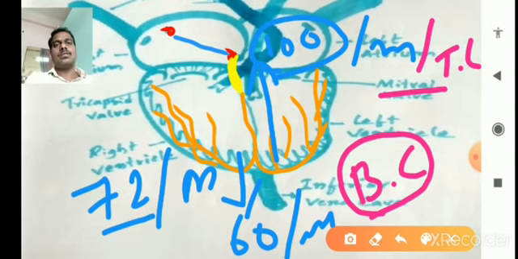Some tachycardia is also caused by the auricles beating very fast, sometimes by the ventricles beating very fast. So they do not depend on the SA and AV nodes and Purkinje fibers. Their own contraction and relaxation is very high in the ventricles or in the auricles, which causes tachycardia.